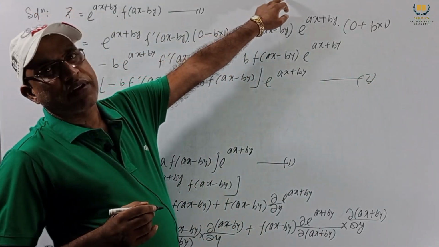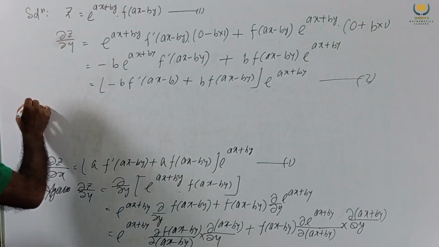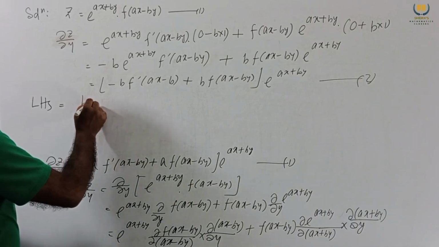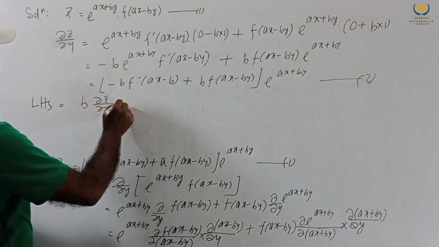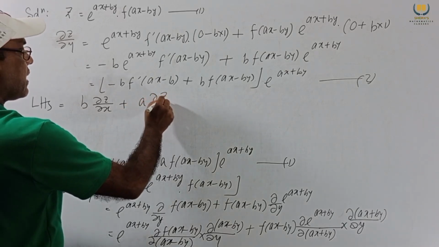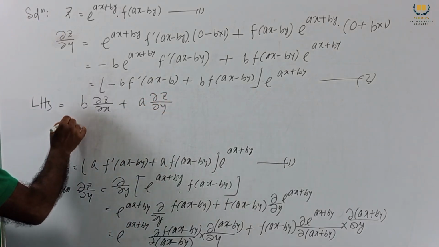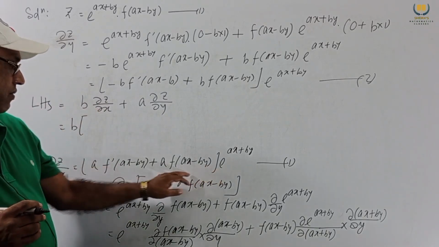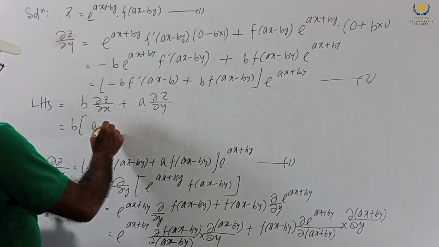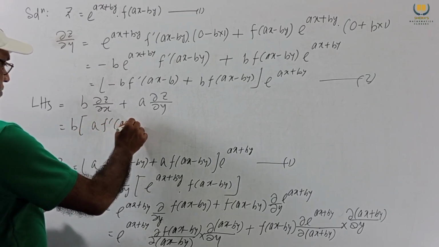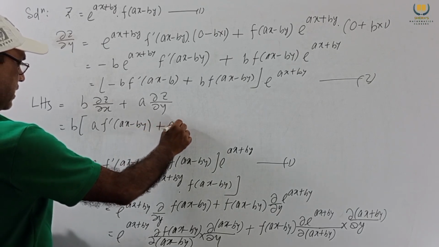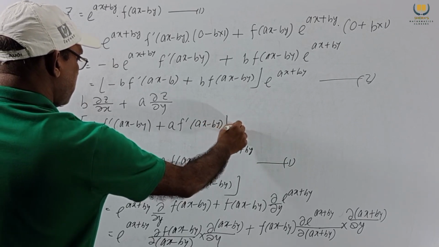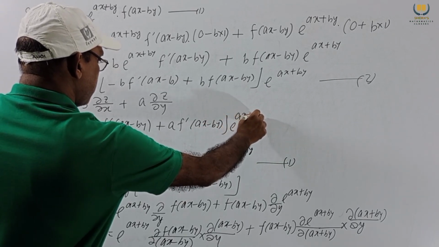Now taking the left hand side, we get b ∂z/∂x plus a ∂z/∂y. For b ∂z/∂x, we know this value: a f'(ax−by) plus a f(ax−by), times e^(ax+by).